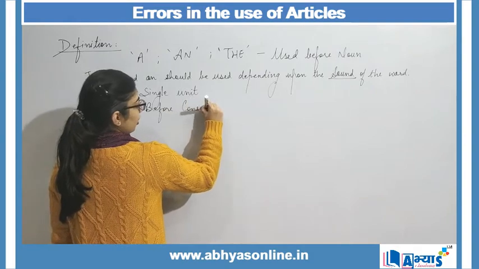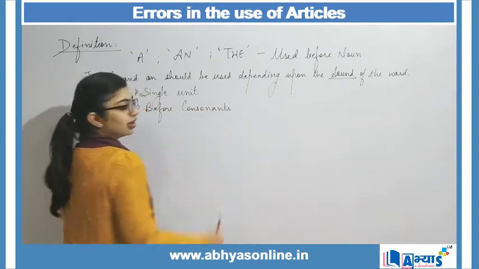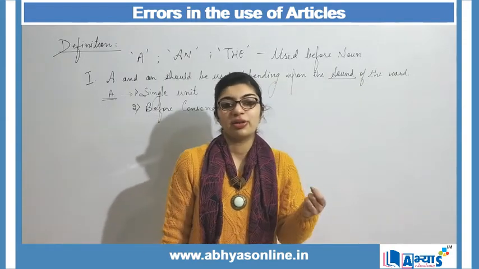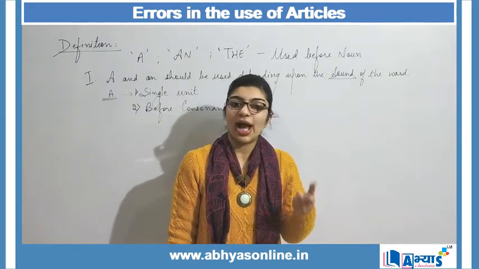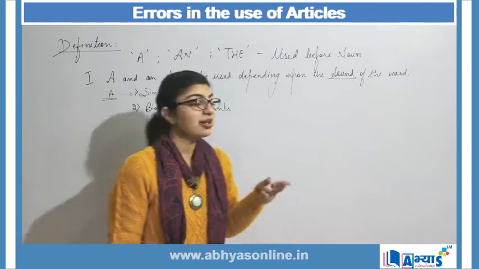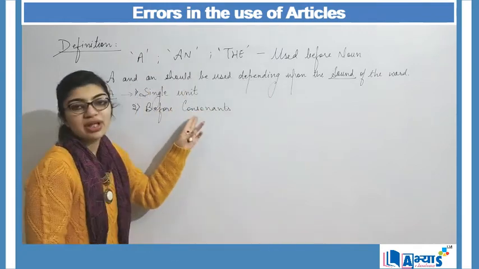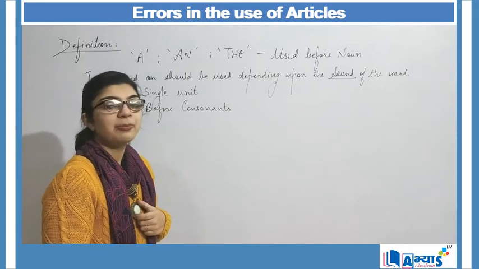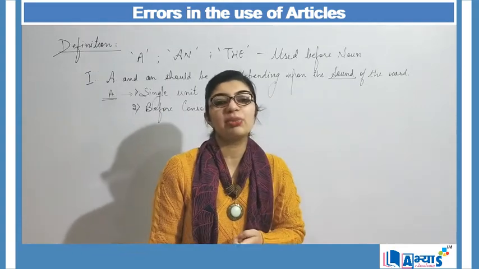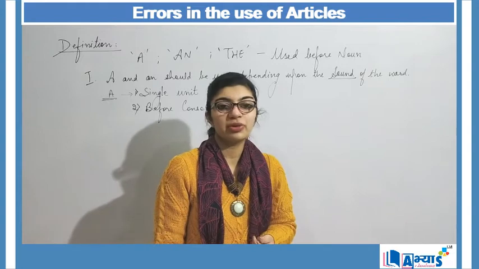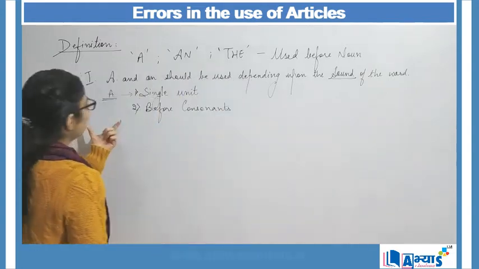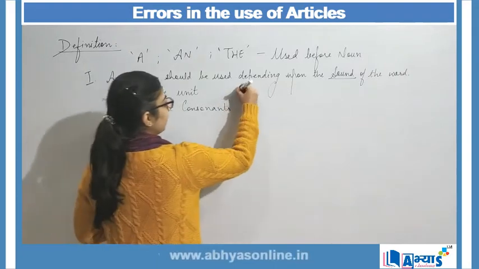These are the two criteria for using a: the word begins with a consonant, and I am talking about a single unit. If there is more than one unit, then we may not make use of a, instead we can make use of the.